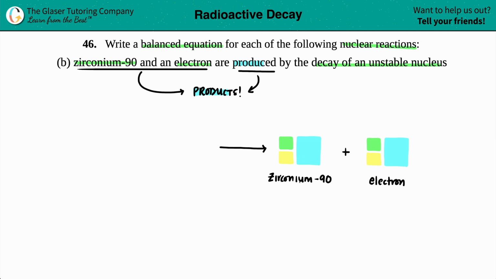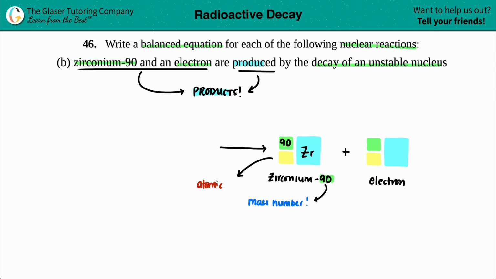Zirconium on the periodic table is Zr. And they tell us that it's zirconium-90. Now, all the numbers that they tell us have to be the mass number, because the mass numbers can change from element to element, since you could always change the number of neutrons you have. The mass number is always the number on the top of your nuclide notation. So we got a 90 up on the top here. But they don't tell us this box, and that's the atomic number.